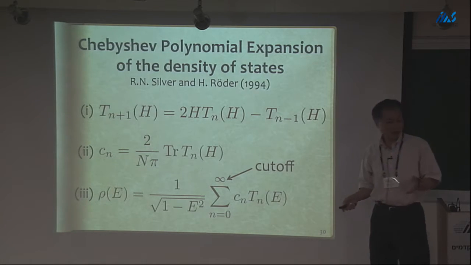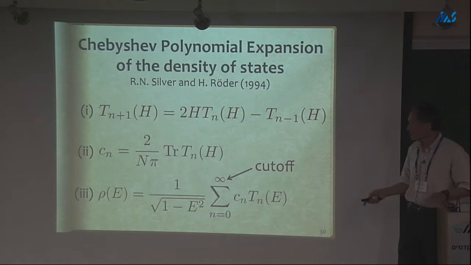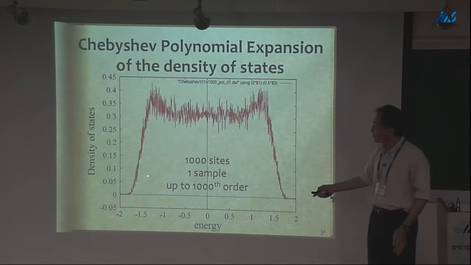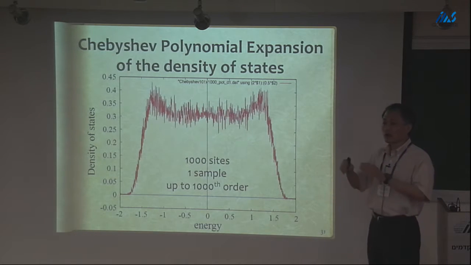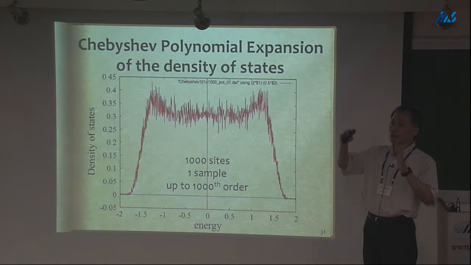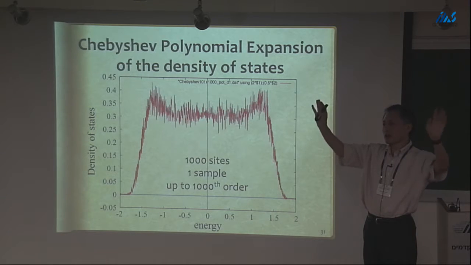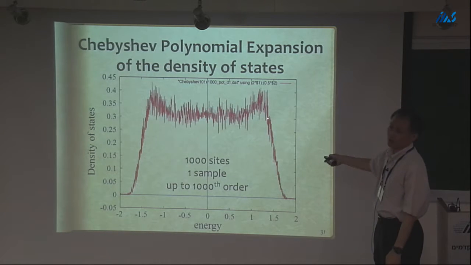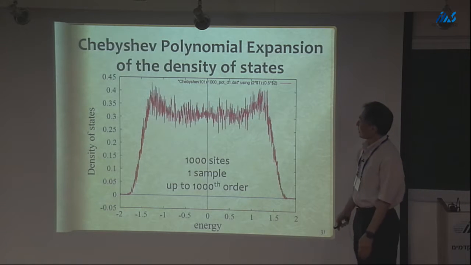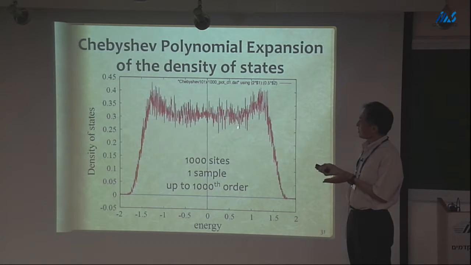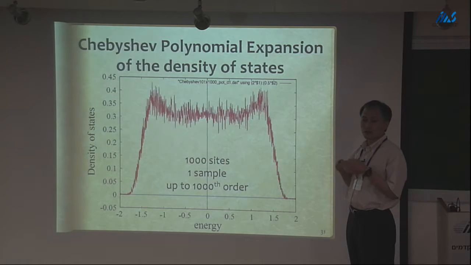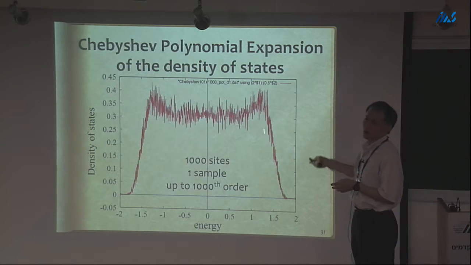So at some point you cut off, and because of this cutoff, typically the density of states looks like this. Higher order Chebyshev polynomials have very rapid oscillations. So if you ignore higher orders, you see this kind of noise. Okay. So in this kind of expansion of the density of states, you typically introduce some kind of smoothing procedure to find a much smoother function. Okay.